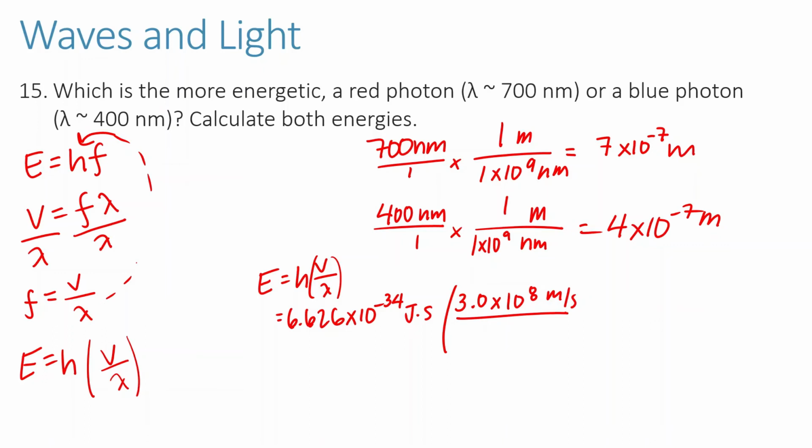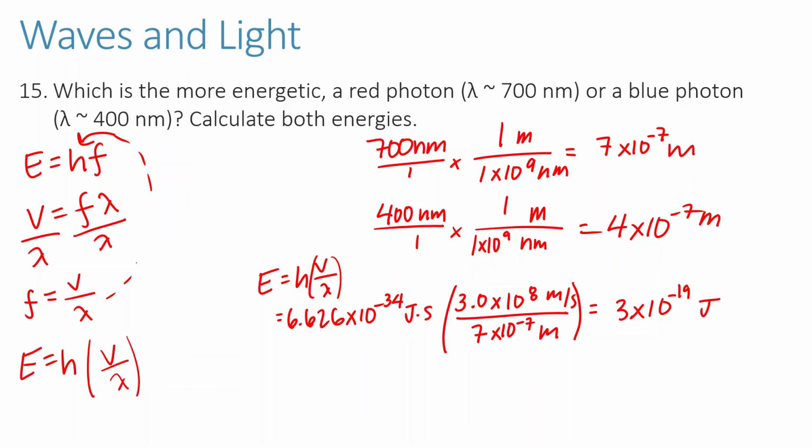And we're going to divide that by my wavelength, which in this case is 7 times 10 to the negative 7. So when we solve here, the only unit that's not going to cancel out is joules. So we get 3 times 10 to the negative 19 joules.